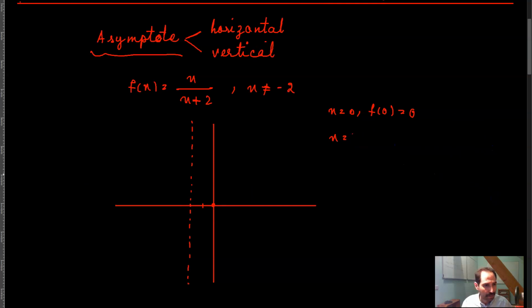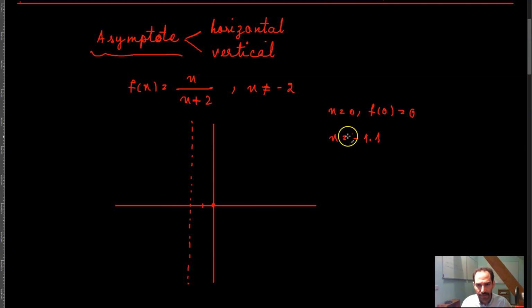So if I get closer to negative 2, for example, negative 1.1, I'm getting closer to negative 2 from the right.